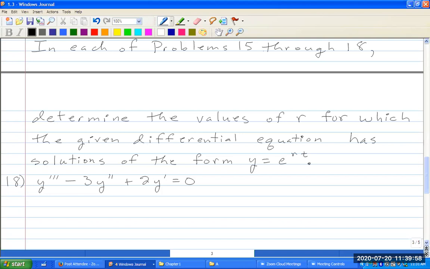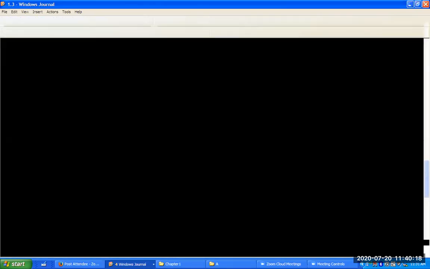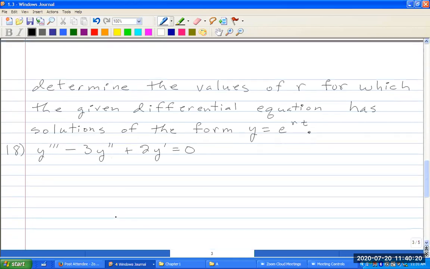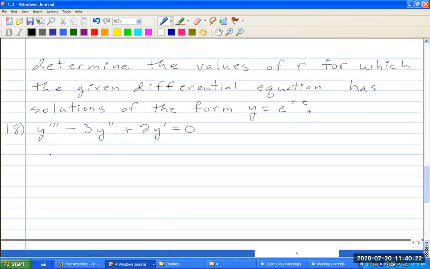So first off, let me guess that my solution has a particular form, and from that see if I can find some solutions. Suppose that y equals e^(rt).